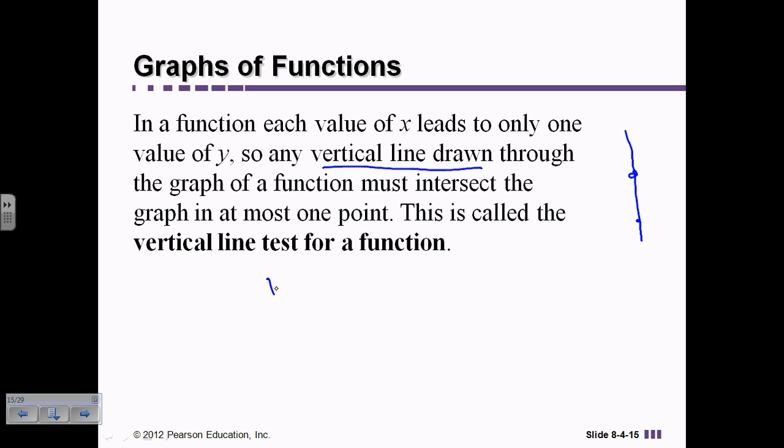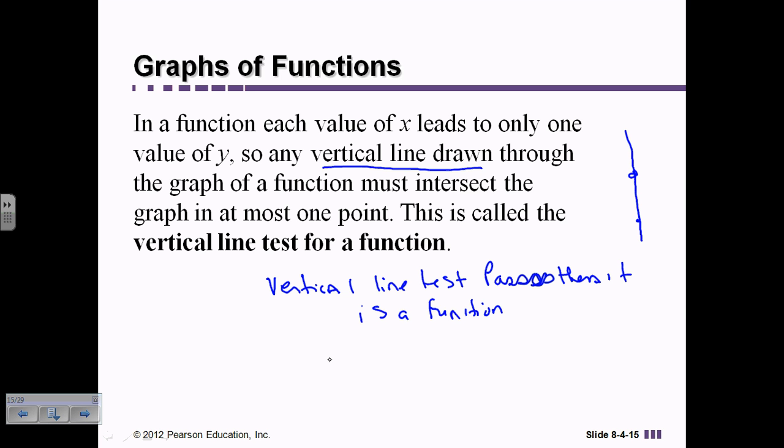So if the vertical line test passes, then it is a function.